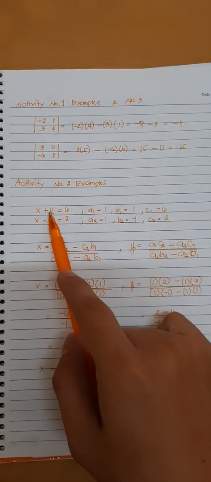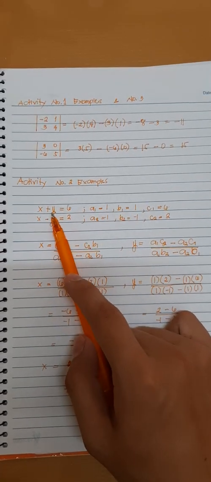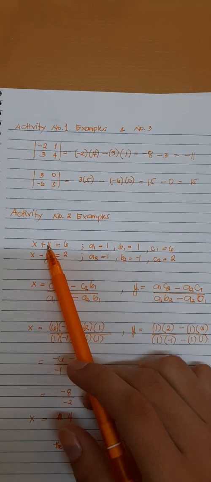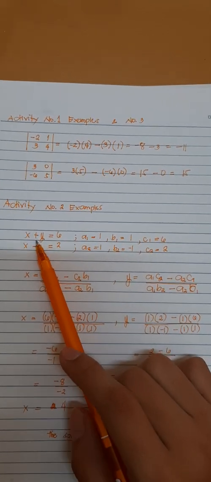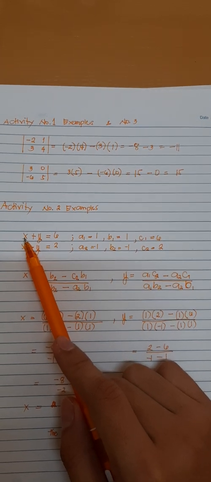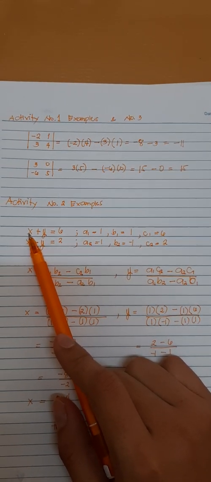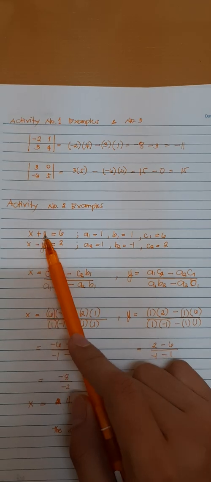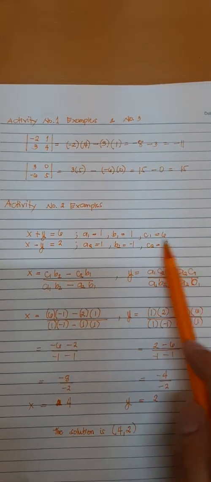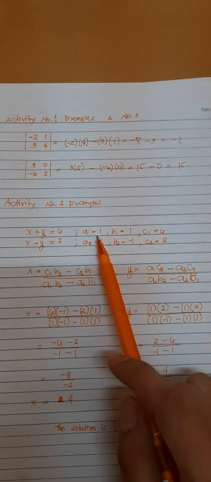You don't see a 1 here or any number, but it means that there is 1 here. Again, when you don't see any number together with our given variable, it means there is a 1 with it, but it is just not written. So we have here the values of our a, b, and c.